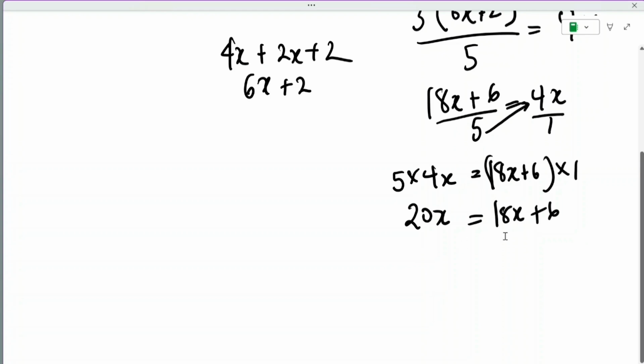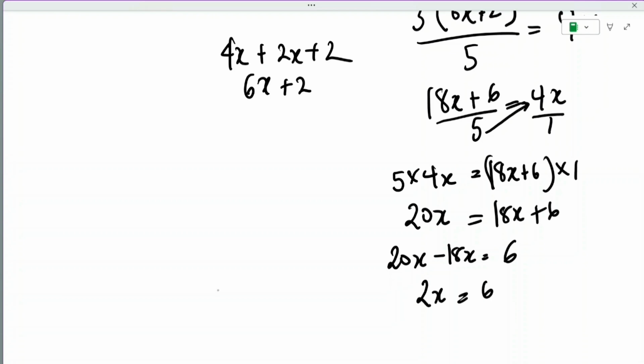Next, we take this 18x to the left so we can have our x's on one side and the constant on the other side of the equal to sign. So we have 20x minus 18x equals 6. 20x minus 18x will give you 2x equals 6.